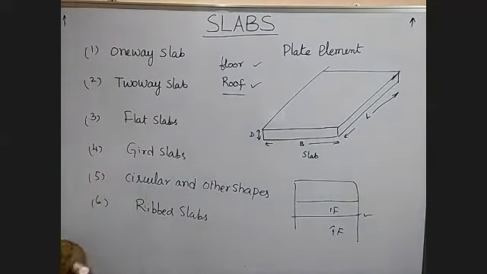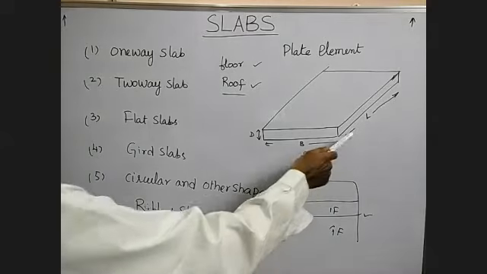So this slab is used as a floor or a roof for a building. So the difference between the beam and slab here is that slabs are plate elements having the depth smaller than the span and the breadth.